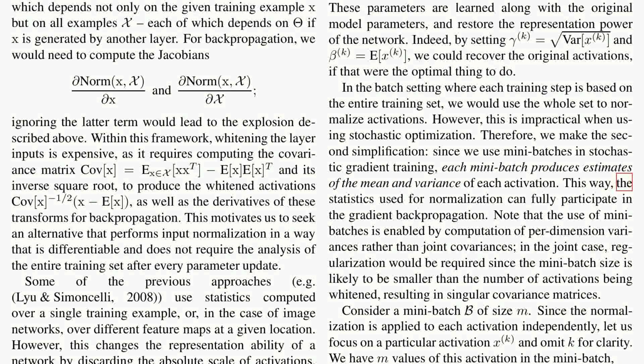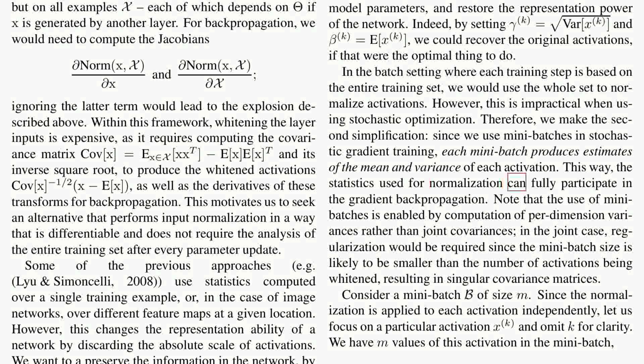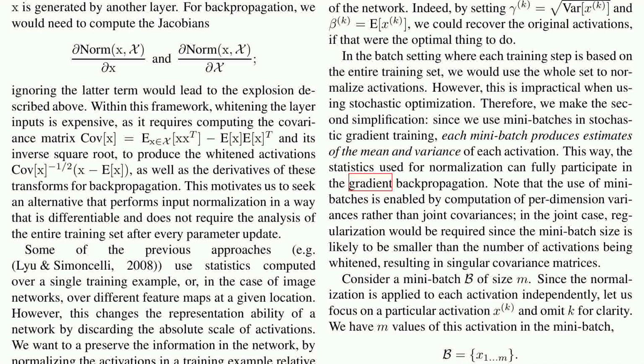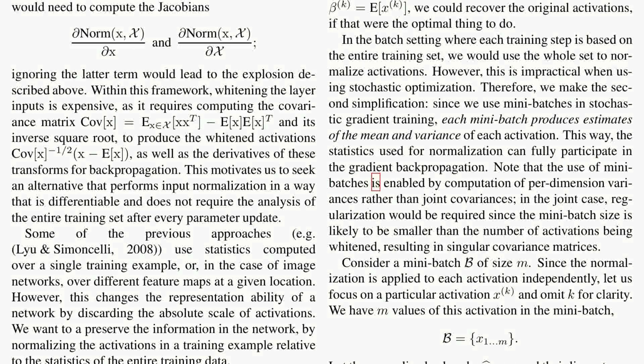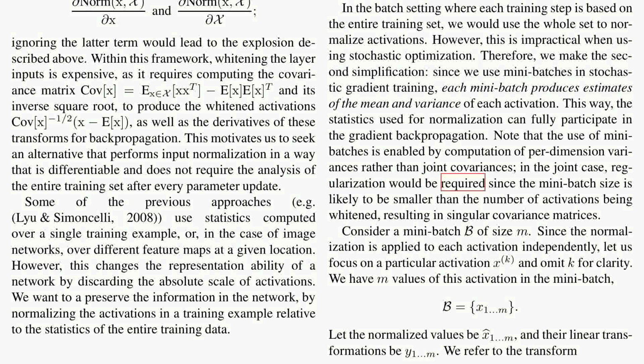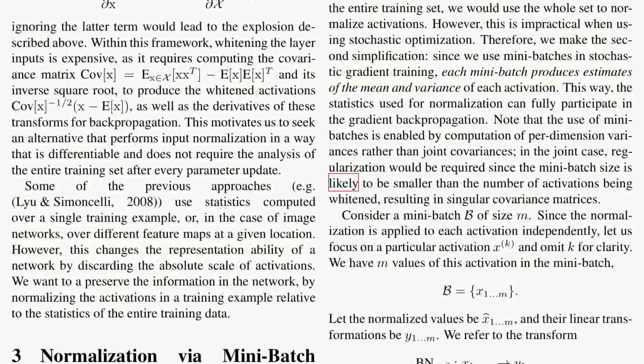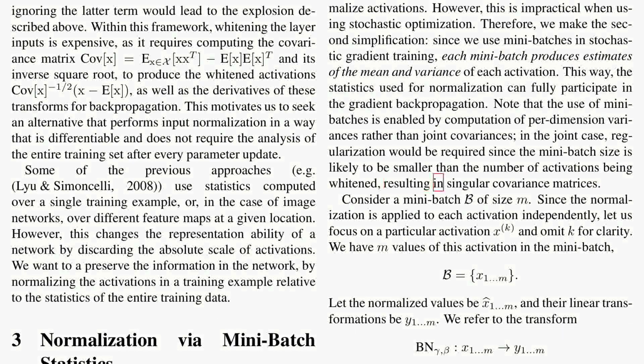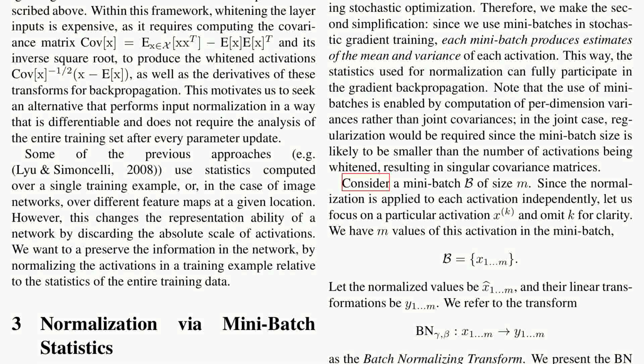This way, the statistics used for normalization can fully participate in the gradient backpropagation. Note that the use of mini-batches is enabled by computation of per-dimension variances rather than joint covariances. In the joint case, regularization would be required, since the mini-batch size is likely to be smaller than the number of activations being whitened, resulting in singular covariance matrices.